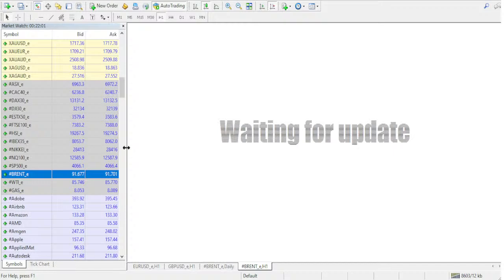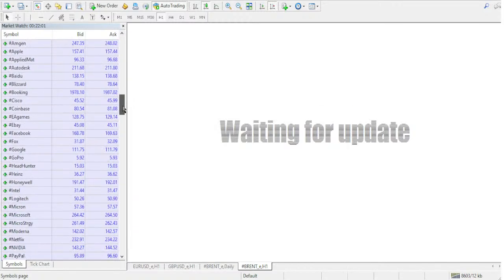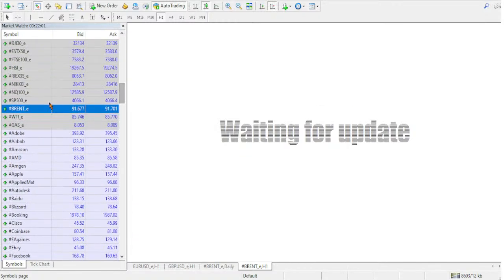We are not receiving prices for these instruments. Let's leave it at that point because it looks like we're not receiving the prices for the indices, for the CFDs. Just a second.